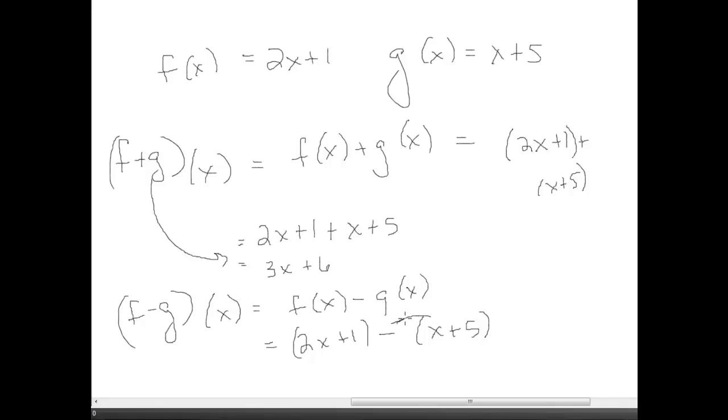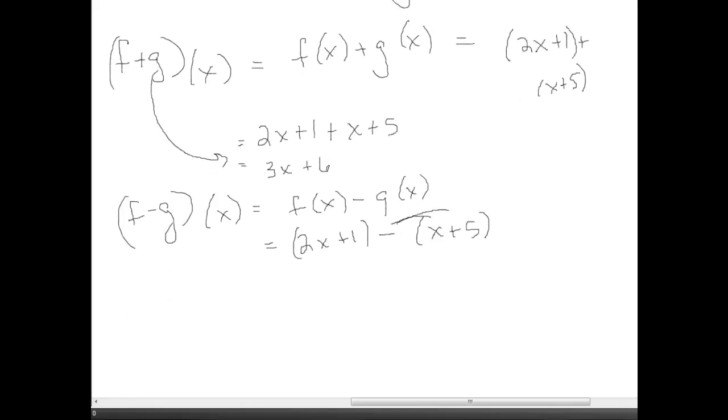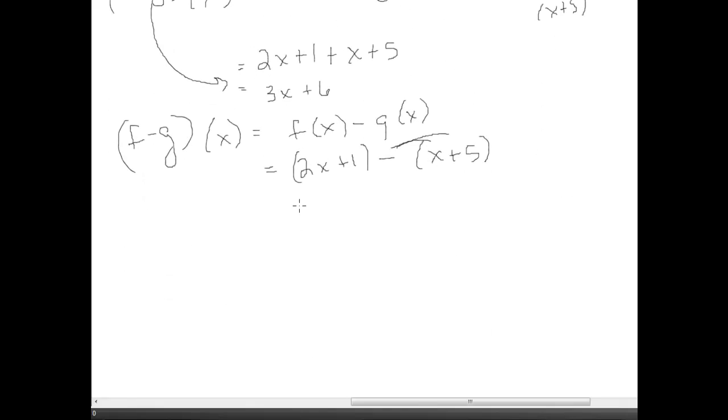That minus will need to get distributed. So this is 2x plus 1 minus x minus 5. So 2x minus x is x. 1 and negative 5 is negative 4. So f minus g of x is x minus 4.